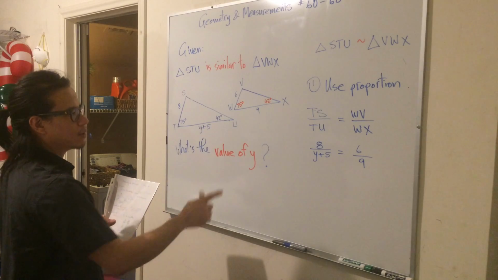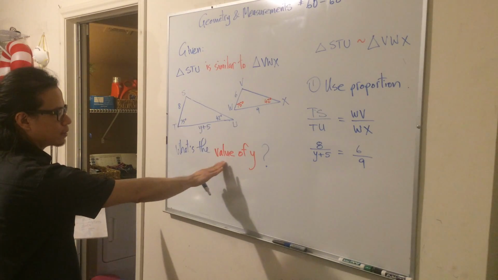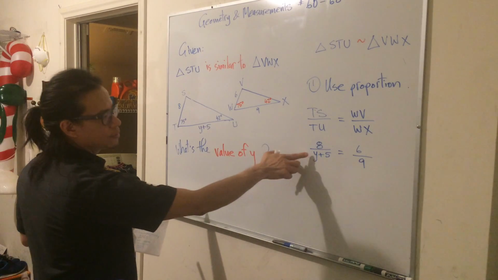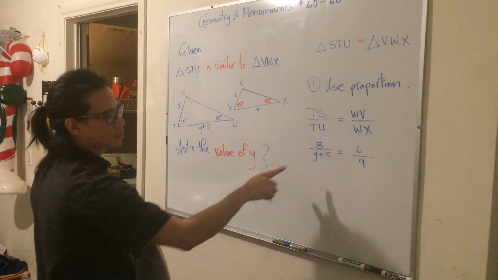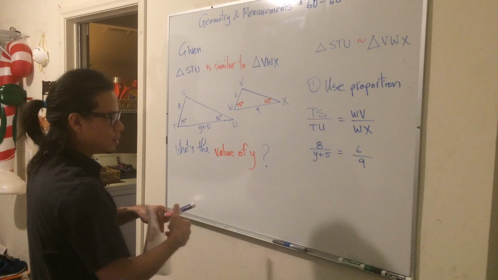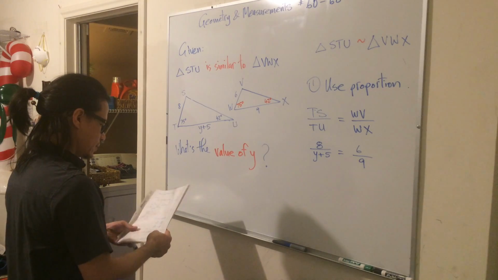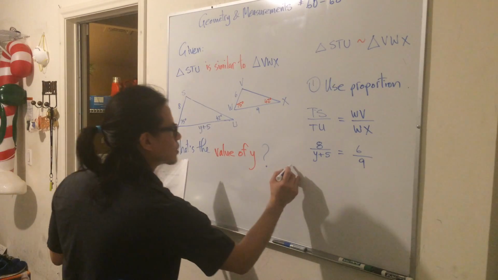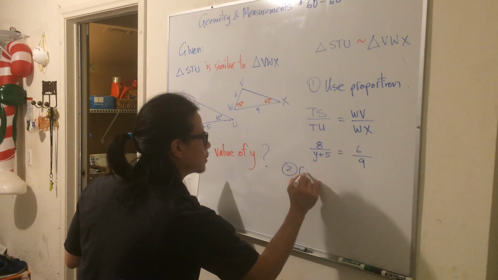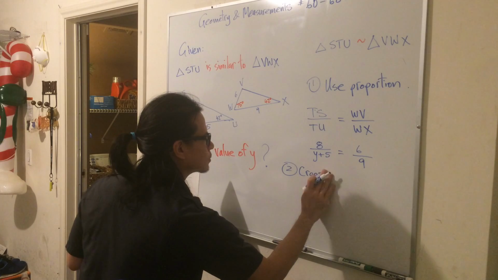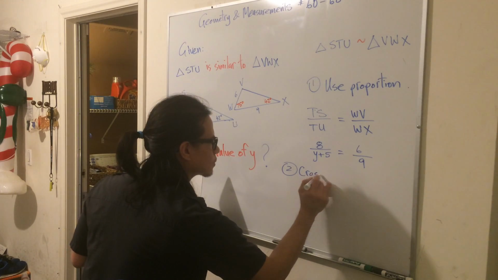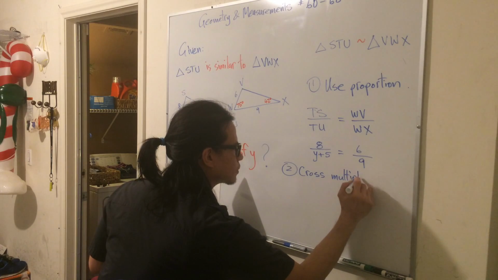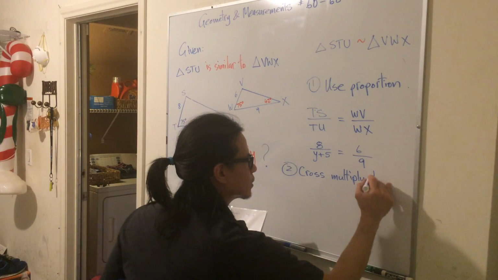Remember, we're trying to zoom in on the value of y here. So we want to know what y is. The next step is to cross multiply to find y. So step 2, we're going to cross multiply to find y.